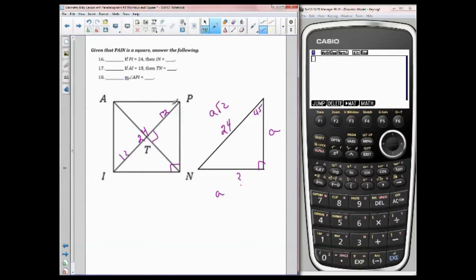Remember, these bisect because they have the properties of a rhombus, so this bisects here. So what we do is just simply put 24 is equal to A radical 2. So when we solve, we divide by radical 2. We have A is equal to 24 over radical 2.